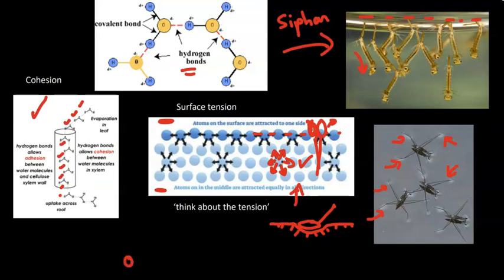So in the diagram what's happening is that the oxygen is attracted to the hydrogen of another water molecule like so, and then the oxygen to another hydrogen like so, and so we have this chain of connection between the water molecules called cohesion. And if we exert a pulling force at this end of the water molecules, the entire column of water is pulled upwards.